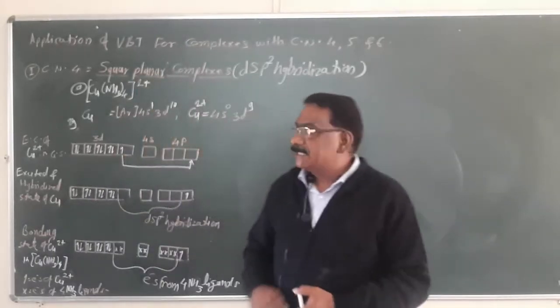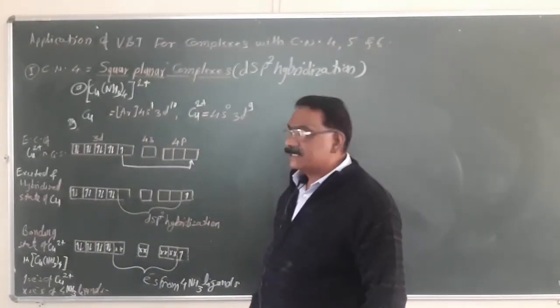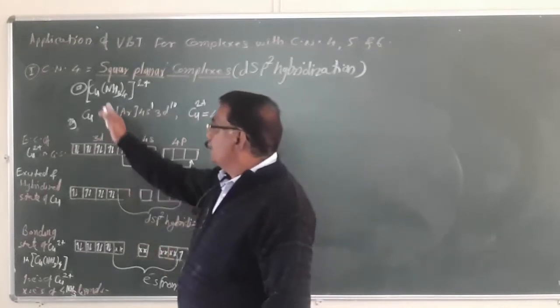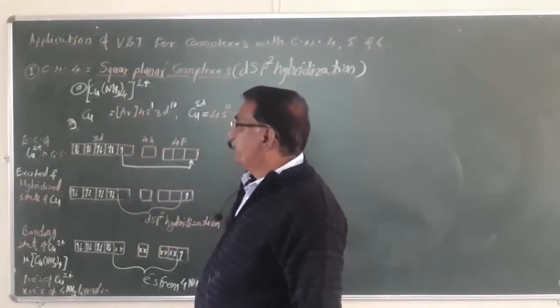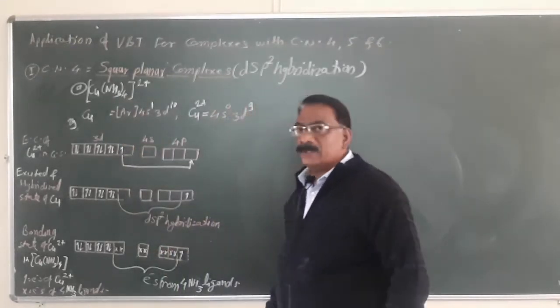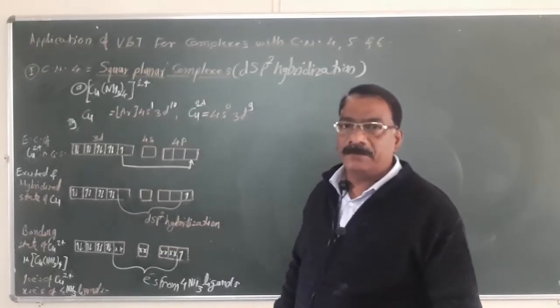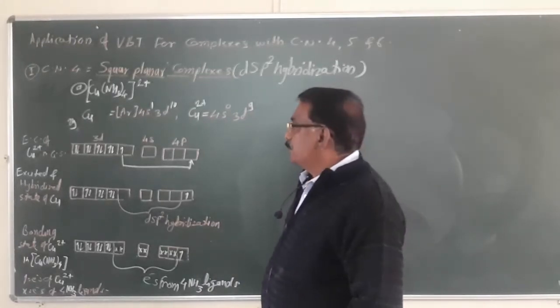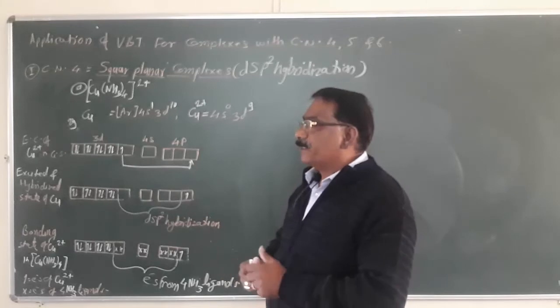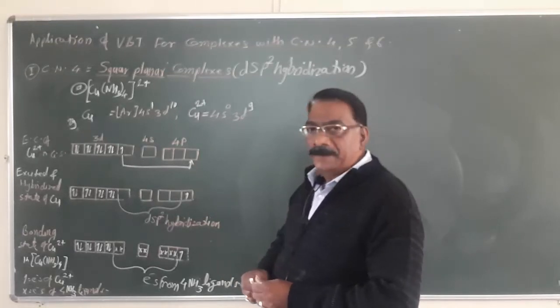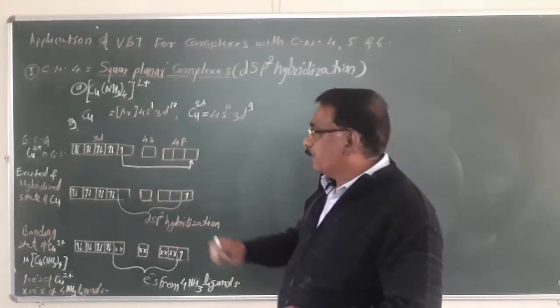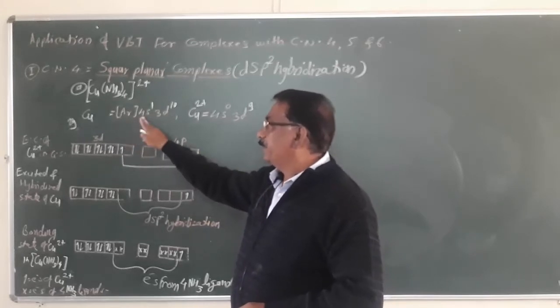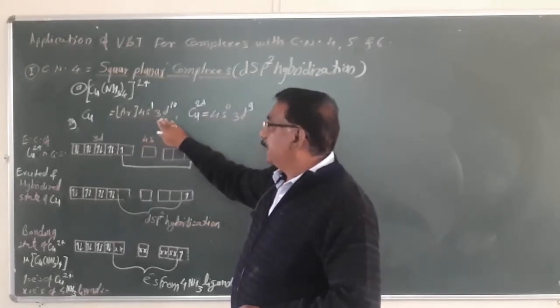See the second example of square planar complexes, Cu(NH3)4 2 plus. Here copper is the central metal atom. Copper has atomic number 29. Its electron configuration is argon core completed, 4s1 and 3d10.